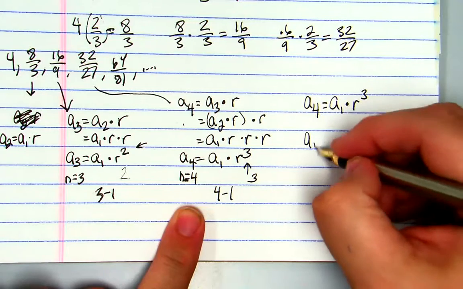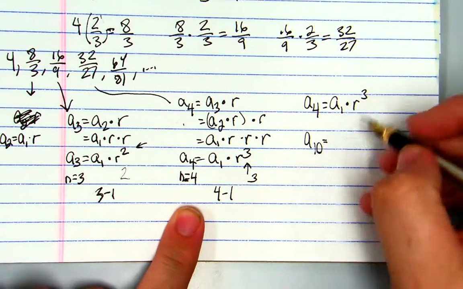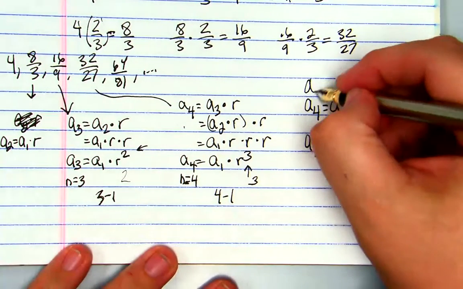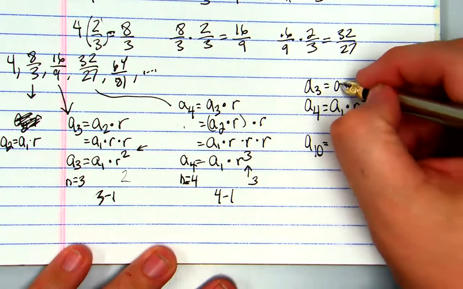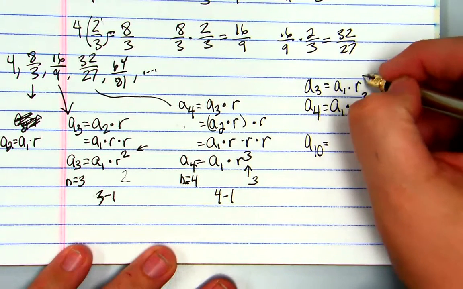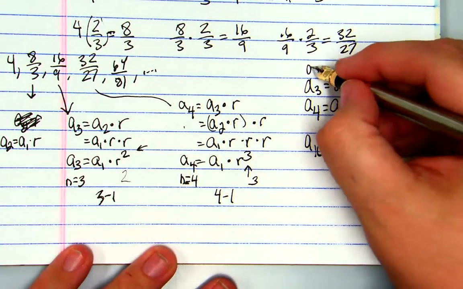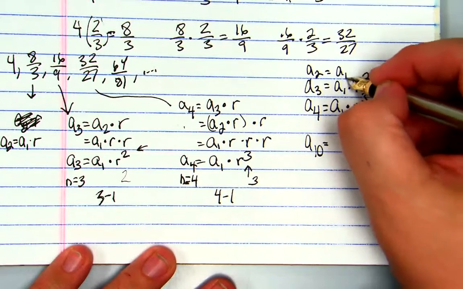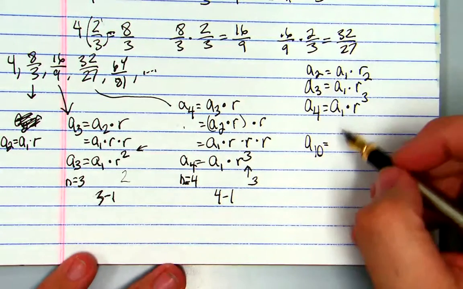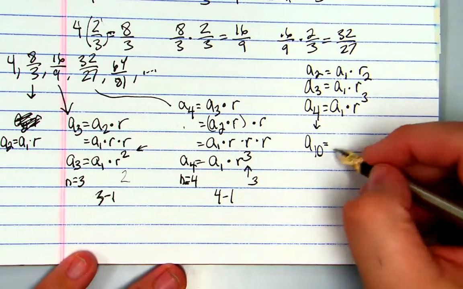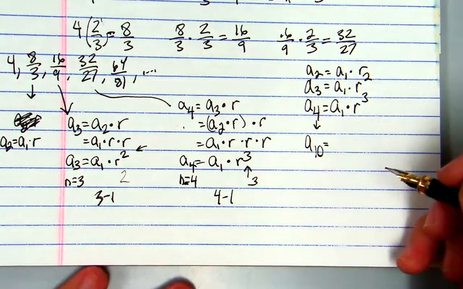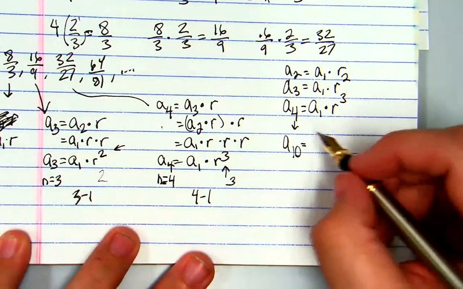If I wanted to find a sub 10, use some logic. If a sub 3 is equal to a sub 1 times r squared, and a sub 2 is equal to a sub 1 times r, what do you think a sub 10 is going to be? I'll give you a pause here.